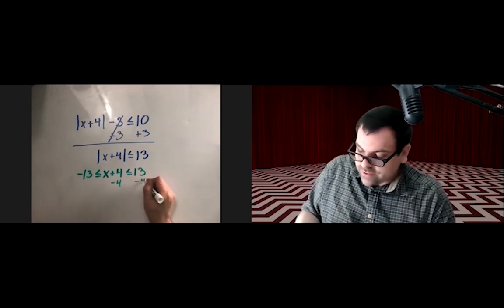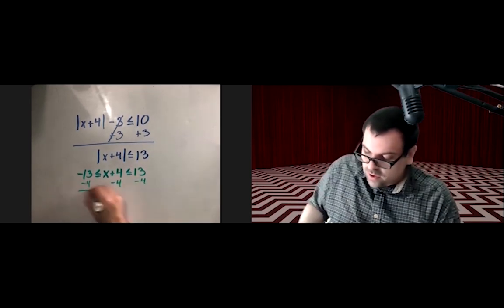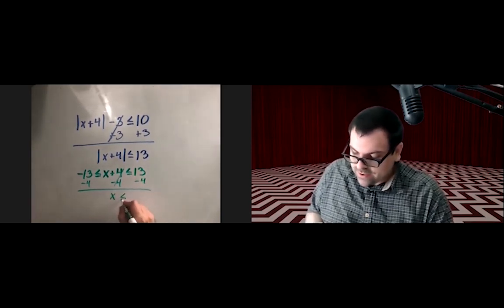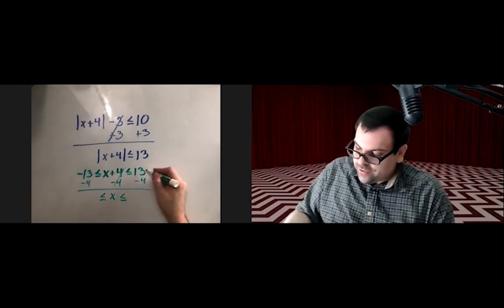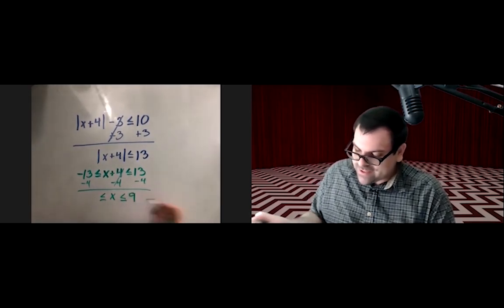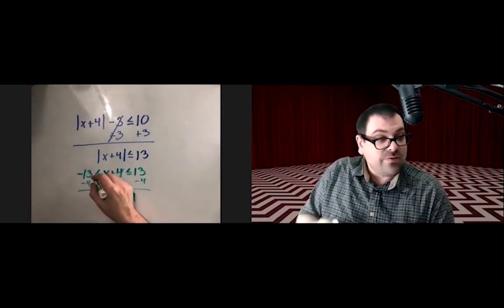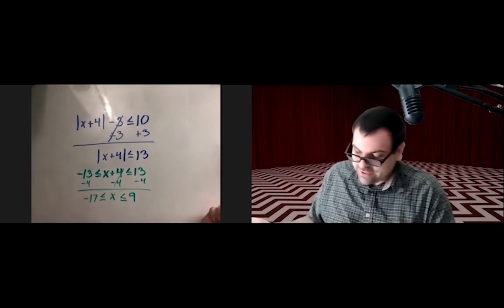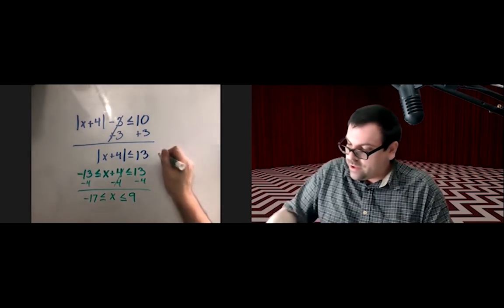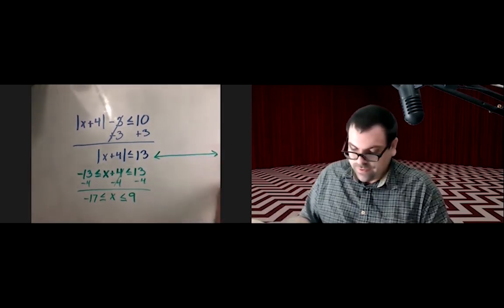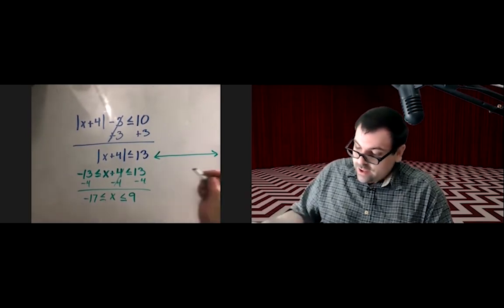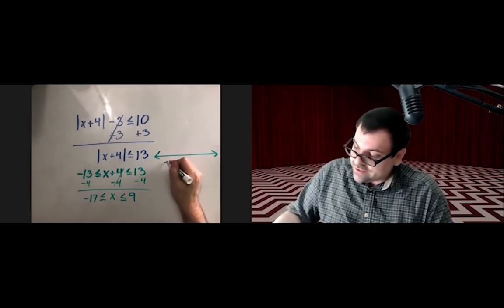Solve for x, subtract 4 from all sides. We're left with x in the center. 13 minus 4 is 9. Negative 13 minus 4 is negative 17. On a number line, we would have negative 17.